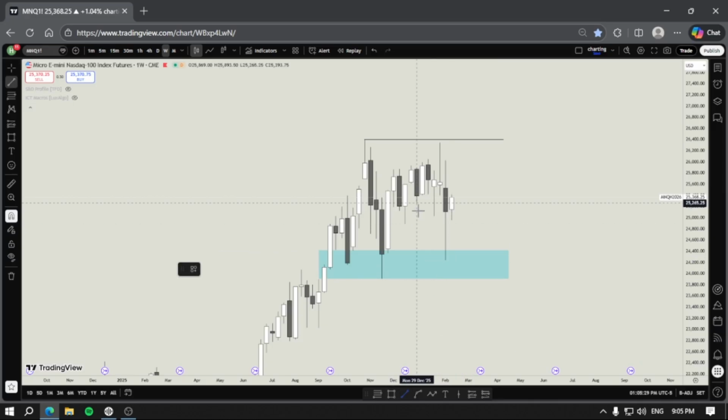And then after the second time testing these weekly fair value gaps, we tested this one more time and then pumped higher, pulled back, and then pumped higher, and then what? We created relative equal highs. And you know what? Relative equal highs and relative equal lows generally act as a magnet.